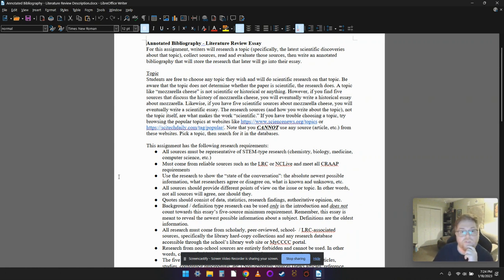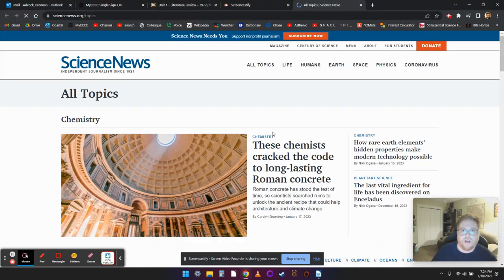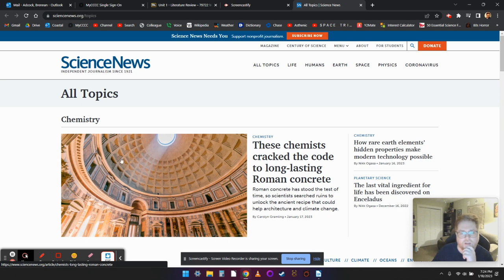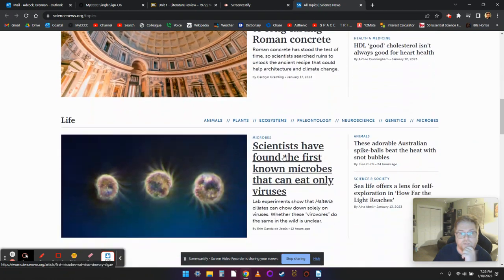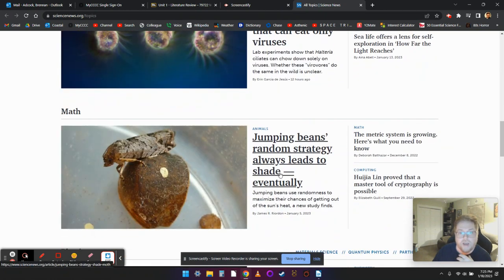To help you get started, I've given you links to two websites, which are a good way to get started because these are both just science news websites. That is what it says in the box, science news. You can use these as a starting point because, being news, we're talking about new information.